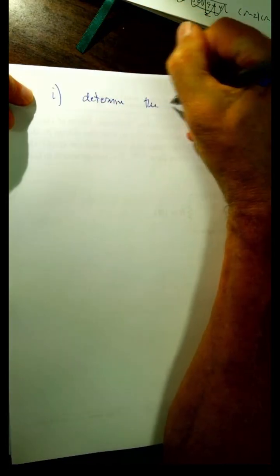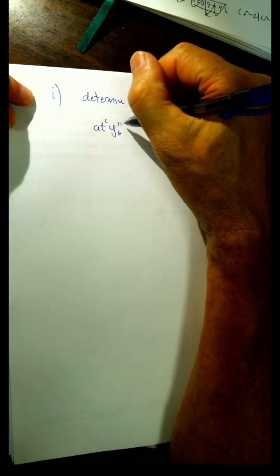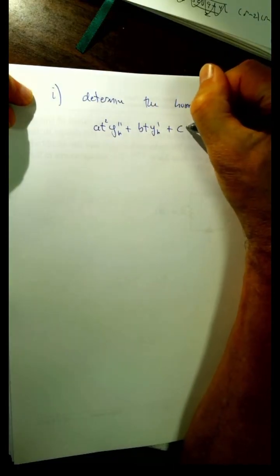Once you recognize that, recognize that it's linear. So the next step is to determine the homogeneous solution. In this case, we have a t squared y h double prime plus b t y h prime plus c y h is 0.